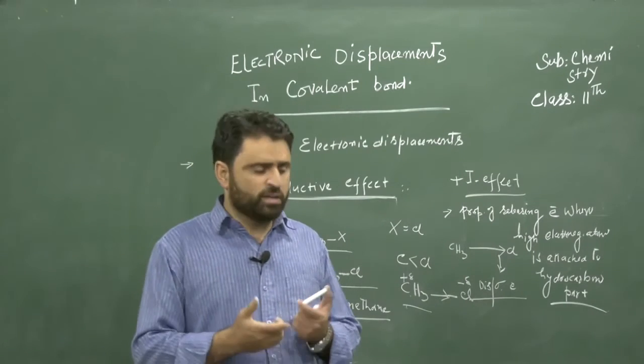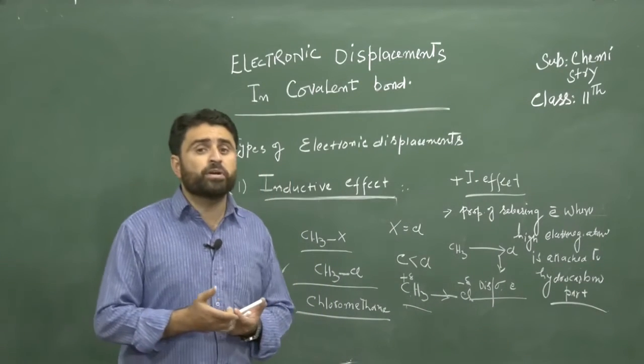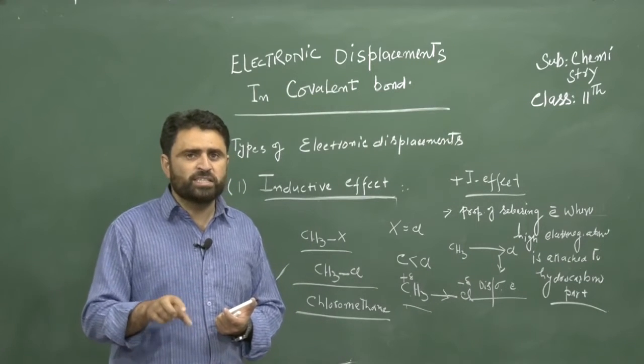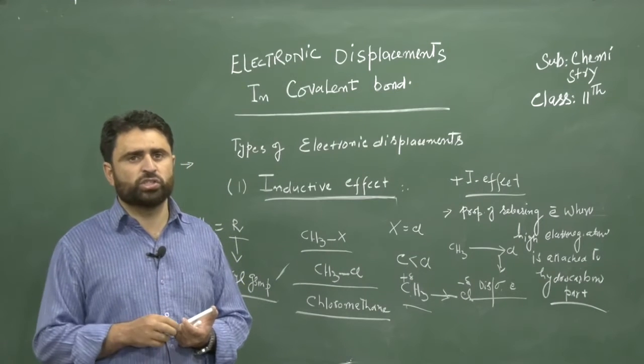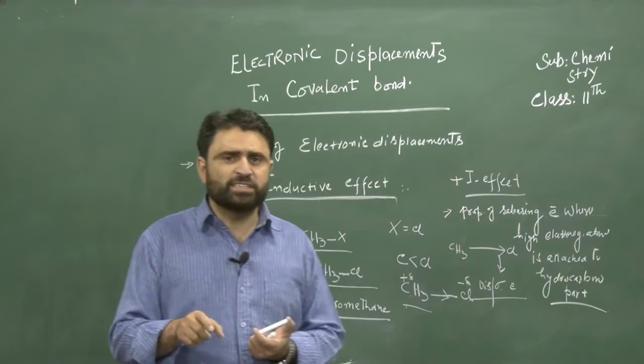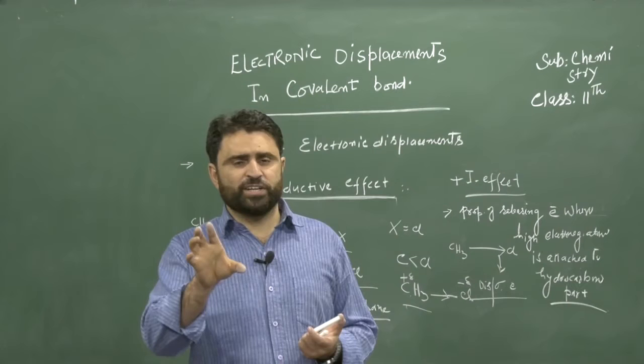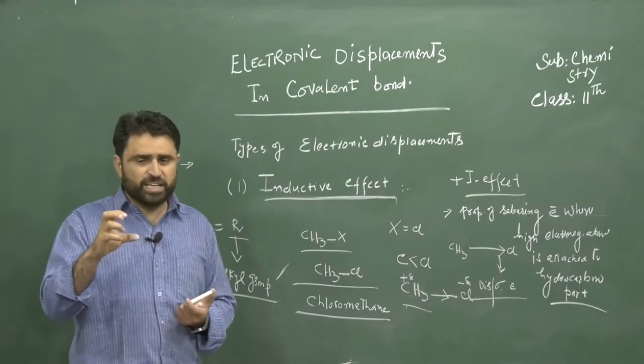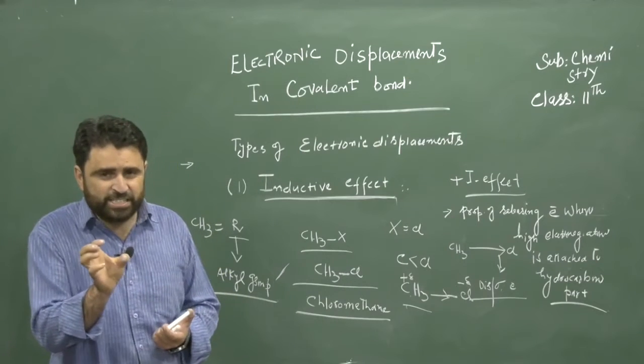As we have already discussed hyperconjugation, at that time I told you that CH3 shows hyperconjugation, or CH3 increases the electron density when it is attached to any group X. It means increasing electron density, it means it has a releasing tendency.